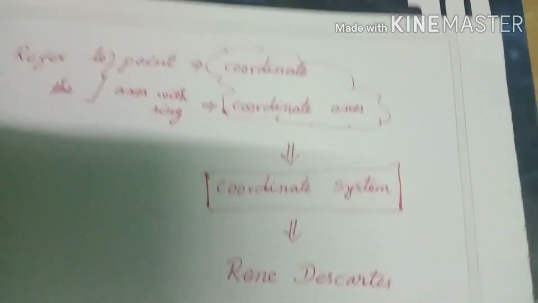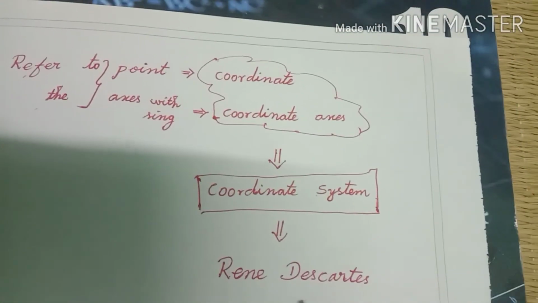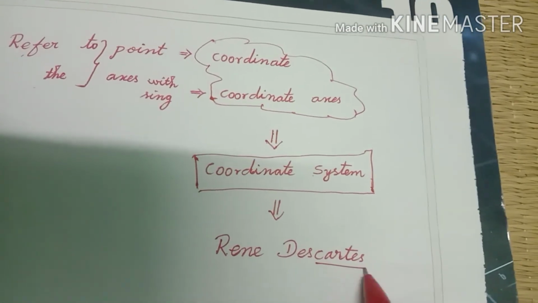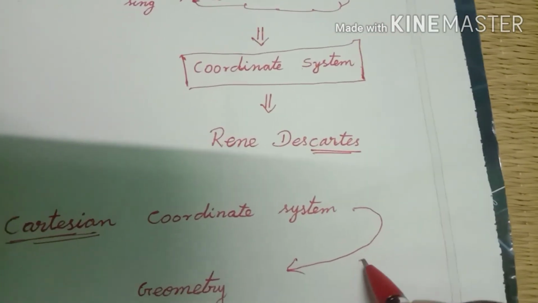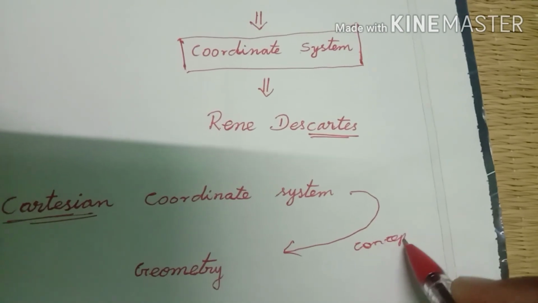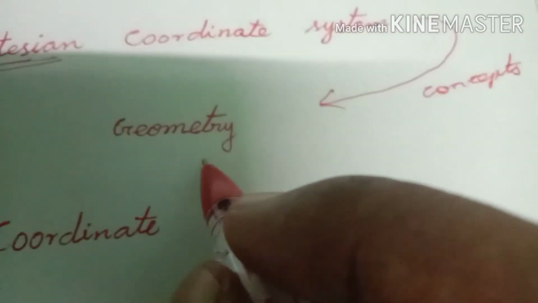We write the name: the Cartesian coordinate system. Applying the concept of the Cartesian coordinate system to geometry, we get coordinate geometry, right?